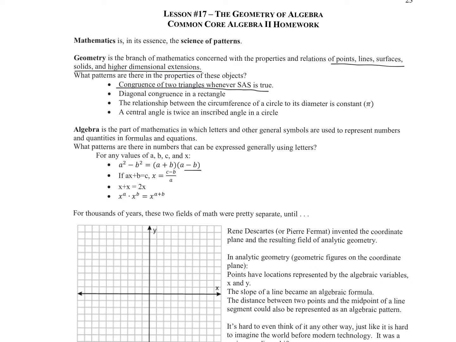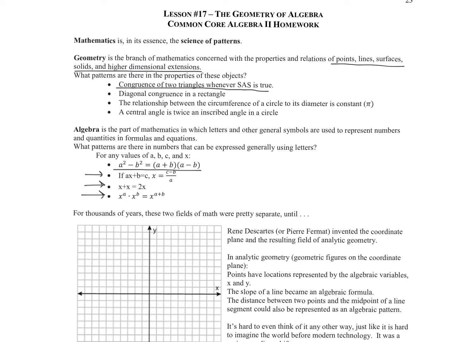So a couple of patterns we see are that if we do a squared minus b squared, one thing squared minus another thing squared, that's equal to the first thing plus the second thing multiplied by the first thing minus the second thing. So we know that is the pattern of difference of perfect squares. So here's some other patterns just represented with those variables, and that's the part of math we call algebra.